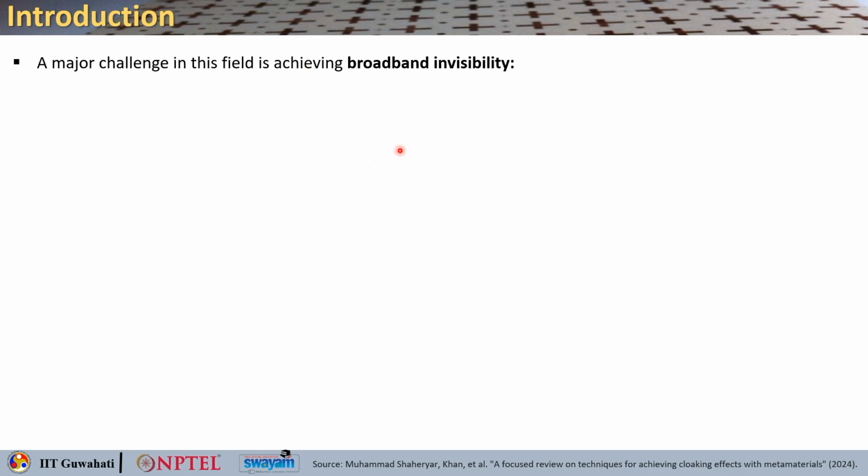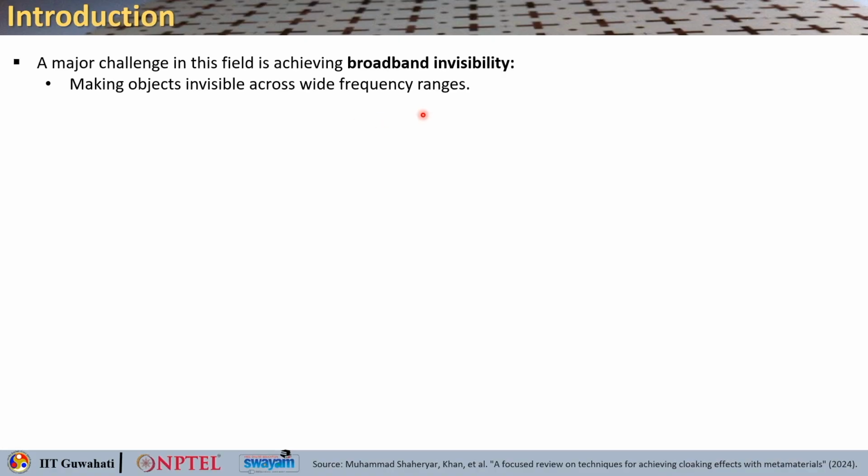Now, what we understood from our previous lectures is that a major challenge in this field is basically achieving broadband invisibility. So, it is difficult to make objects invisible over a wide frequency range, and that too for all the viewing angles, right.